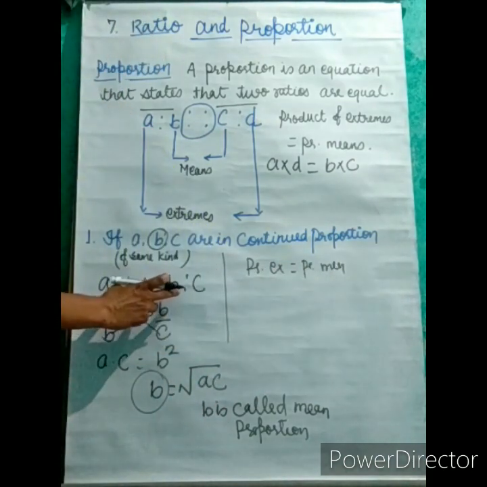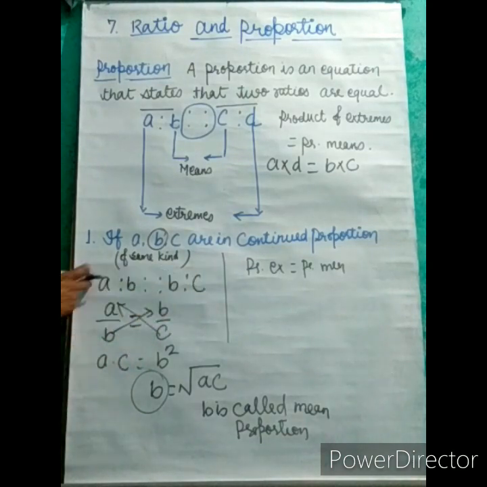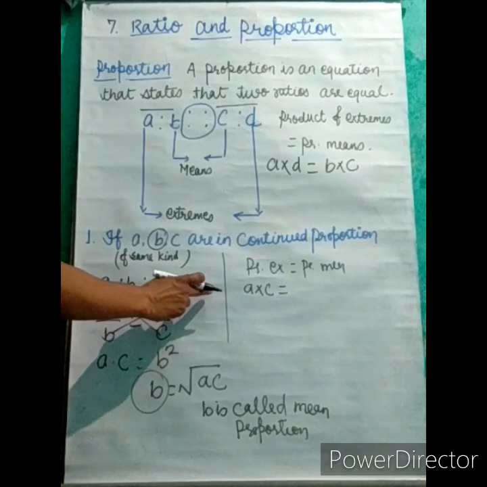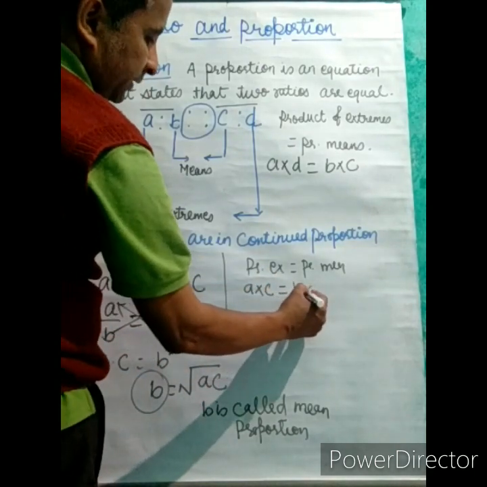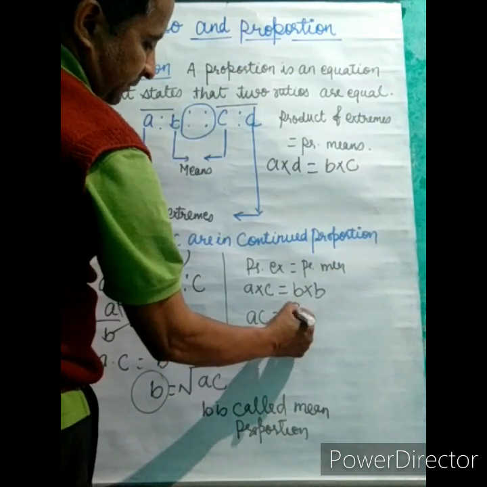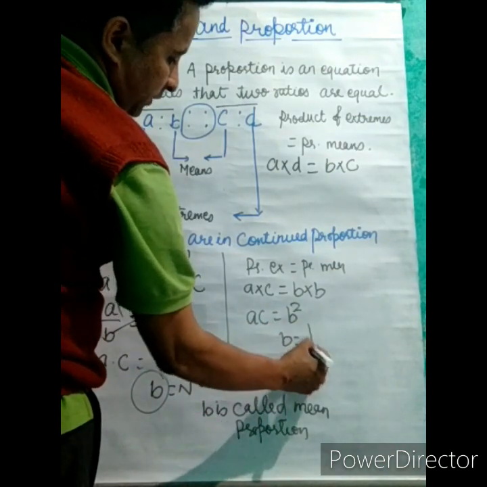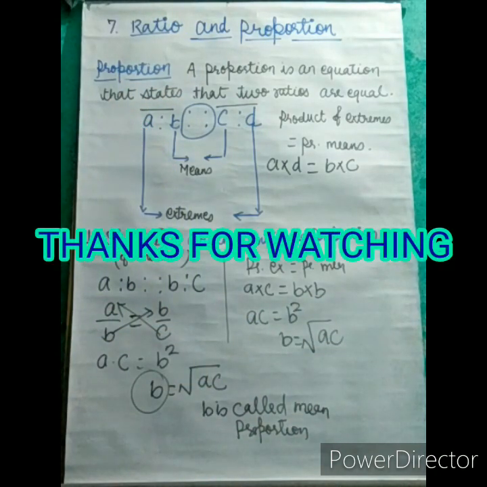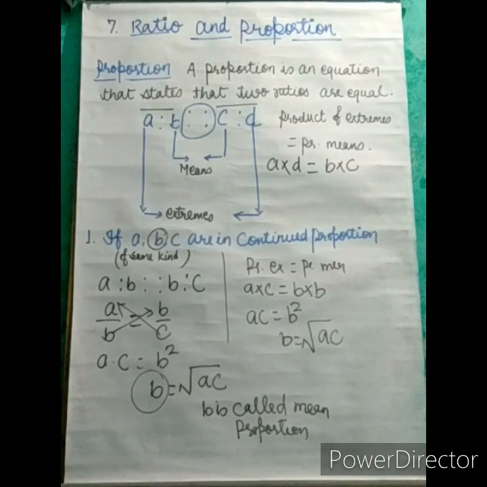So you can see extremes are the side ones, A into C, is equal to means, the middle ones, B into B. AC equals B square, where B is equal to under root AC, and B is called the mean proportion. Next we will see some exercise questions.